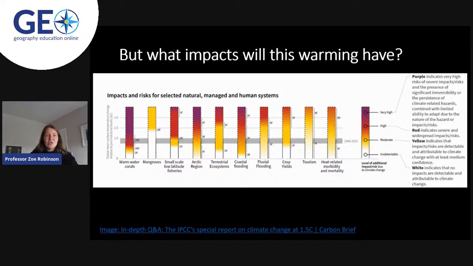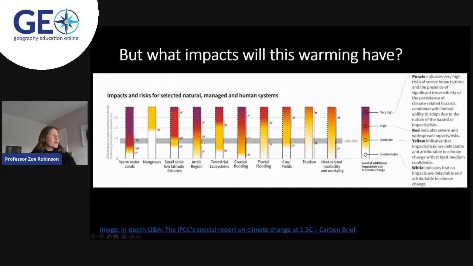But if we can imagine each of these vertical bars is a different climate-related impact. And it ranges from impacts on warm water corals, mangroves, fisheries, the Arctic region, terrestrial ecosystems, coastal flooding, fluvial flooding, crop yields, tourism, and heat-related deaths, basically. And then we can see these faint horizontal bars, and at the bottom it says 0, so that's no warming.